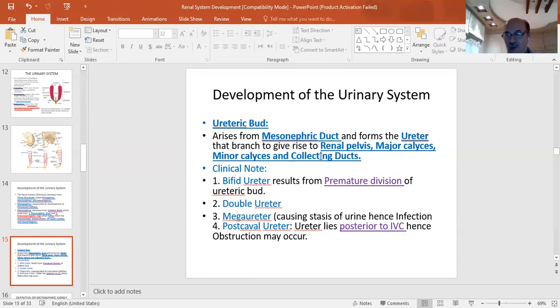So we are talking about a reverse way, like I told you in the beginning. And these parts, the ureter, renal pelvis, major calyces, minor calyces and collecting duct, arise from a different origin than the rest of the renal tubule, from the distal to the proximal to the glomerulus. They arise from another origin, and both of them have to meet together. If they don't meet together, that results in failure of development of the kidney, or renal agenesis.